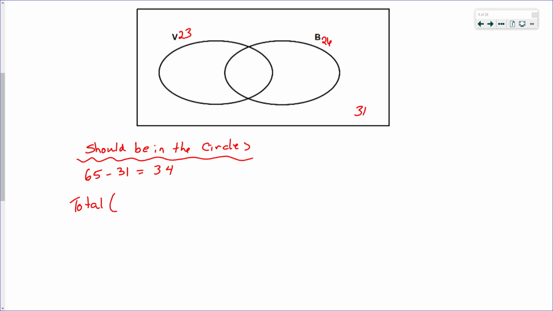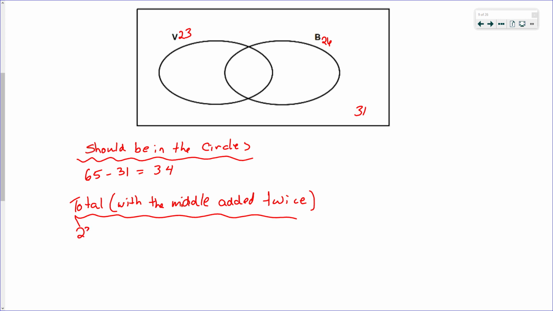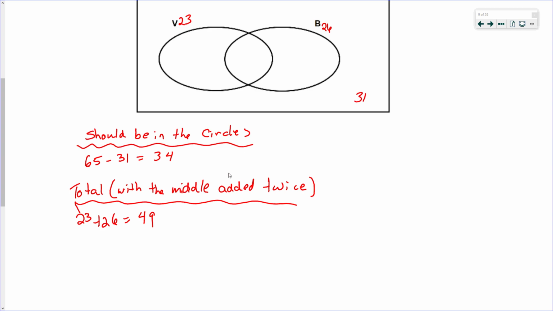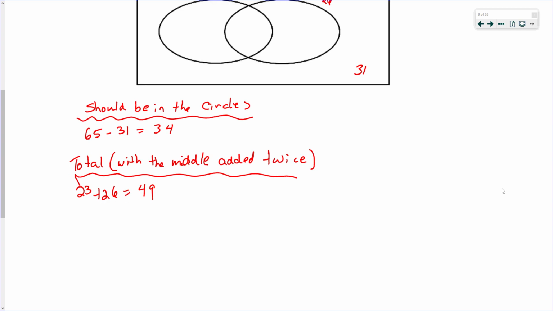So this is the total with the middle added twice. When I put the 23 plus the 26, I get 49. When I did the 23 plus the 26, I ended up adding this overlap twice because it's included in the 23 and included in the 26. So what I can do then is figure out the middle.